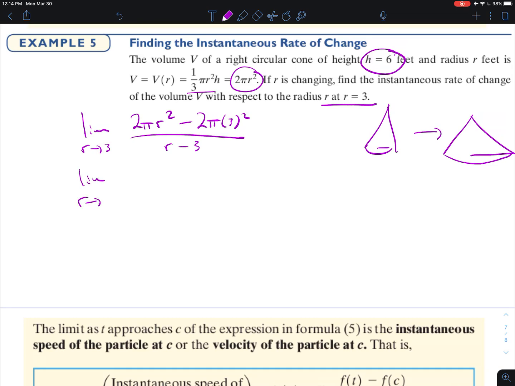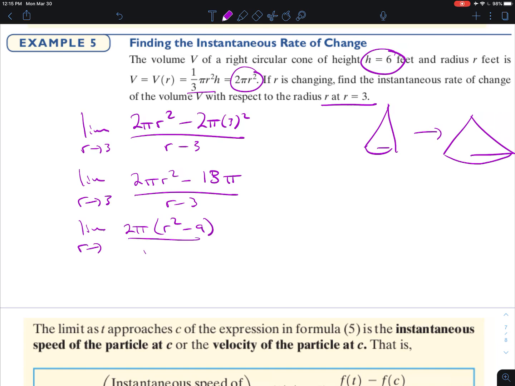The limit as r approaches 3 of 2 pi r squared minus 18 pi over r minus 3. And again, hopefully you're anticipating an r minus 3 factor somewhere along the way. I can take 2 pi and factor that, and I'm left with r squared minus 9.